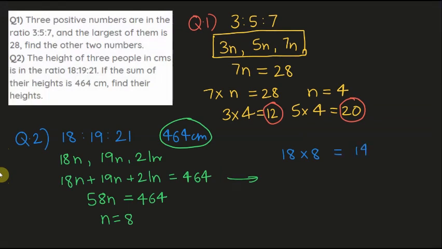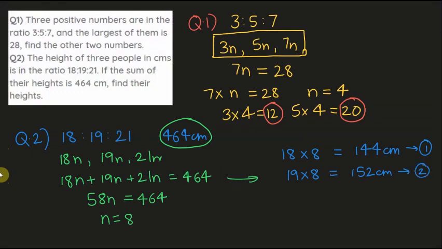So 18 into 8 will be 144 centimeters. That's the height of the first person. Now 19 into 8, let me just calculate that quickly, will be 152 centimeters.